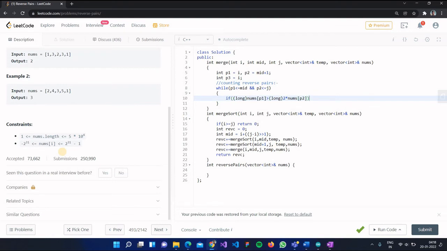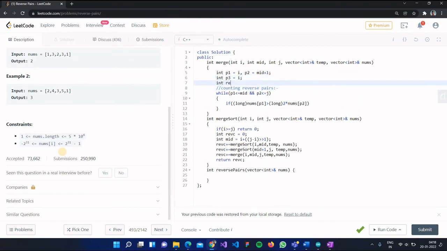So now if this condition for our reverse pairs holds, we're simply going to take a reverse count over here, and as we discussed in our approach, we're going to do reverse count plus equals mid plus 1 minus p1. That's all that we're going to do over here.